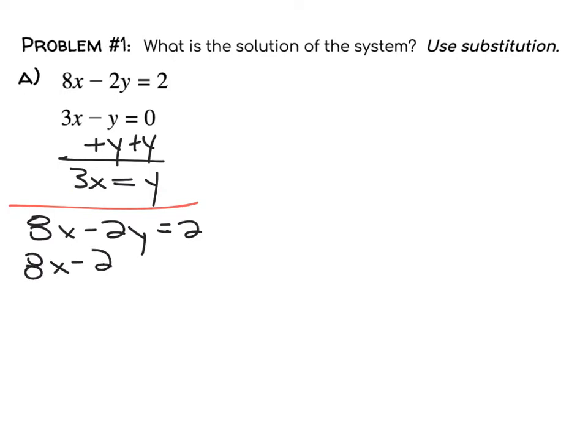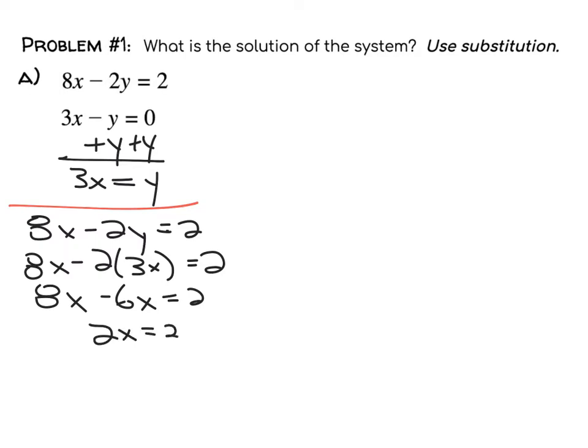So 8x minus 2 times 3x equals 2. And that's the same as 8x minus 6x equals 2, or 2x equals 2. Now dividing by 2, we get x equals 1. That is part of our solution.